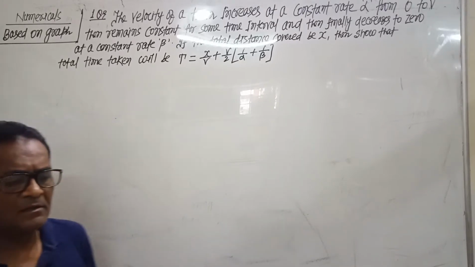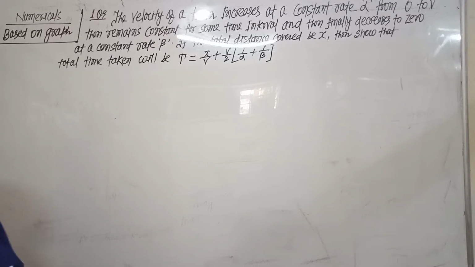Then after the motion, the velocity remains constant for some time and then finally decreases to 0 at a constant rate beta. Means in the third type of motion there is retardation.